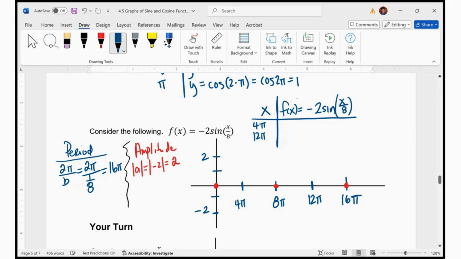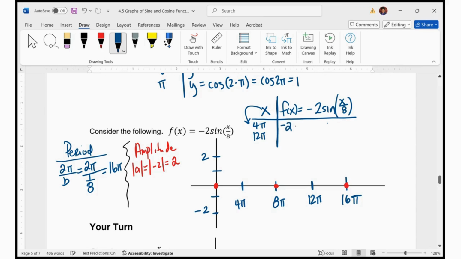f of 4 pi will equal -2 times sine of 4 pi over 8. Instead of putting the x, I'm replacing the x with 4 pi. How do you reduce 4 pi over 8? Pi over 2.